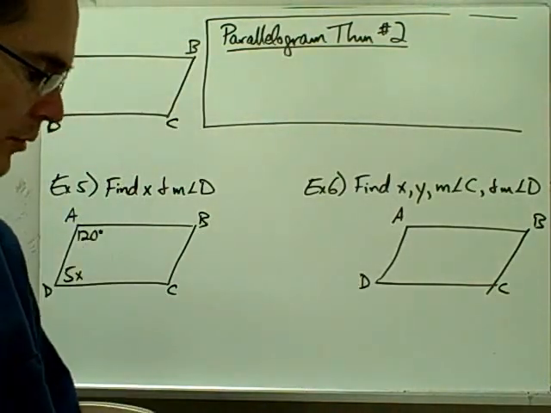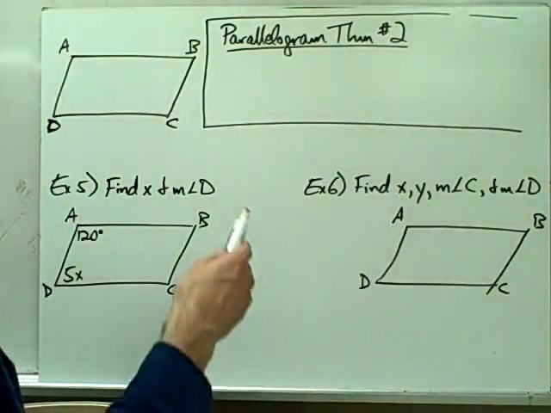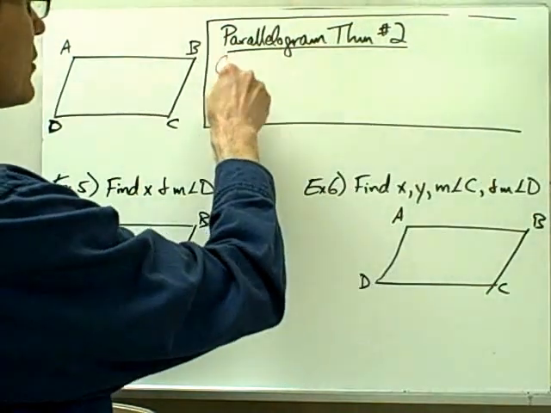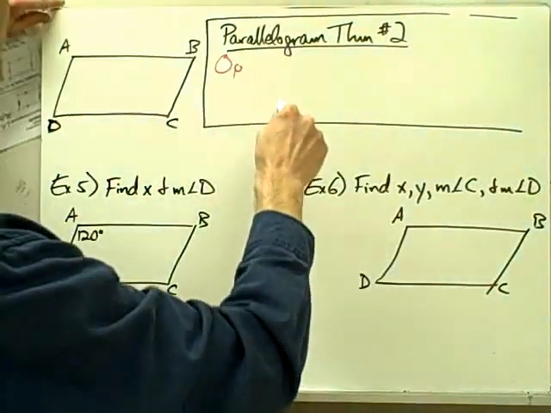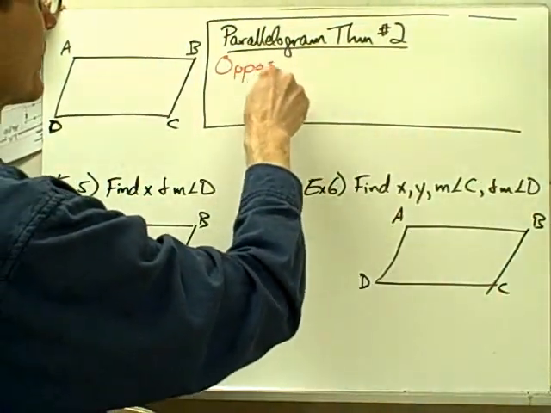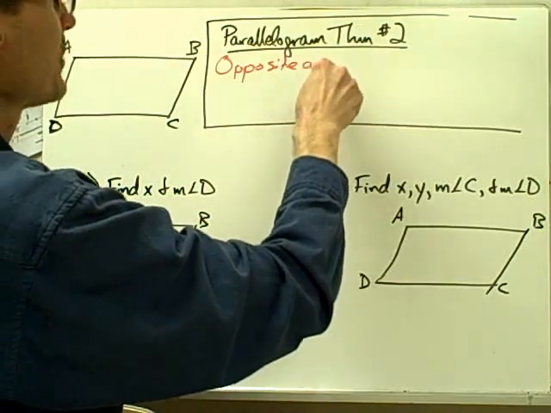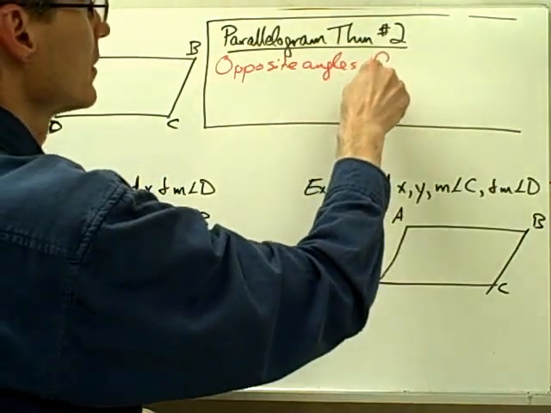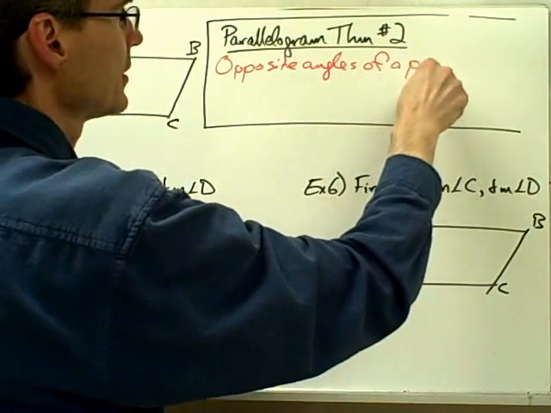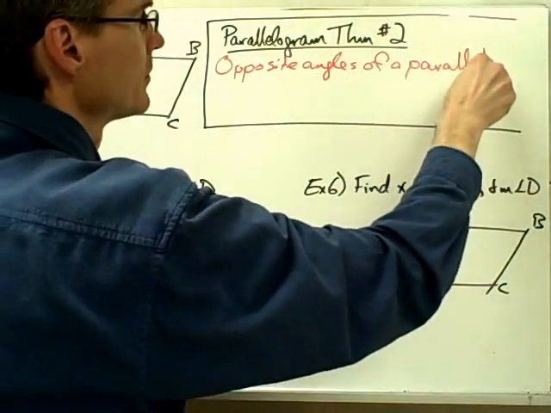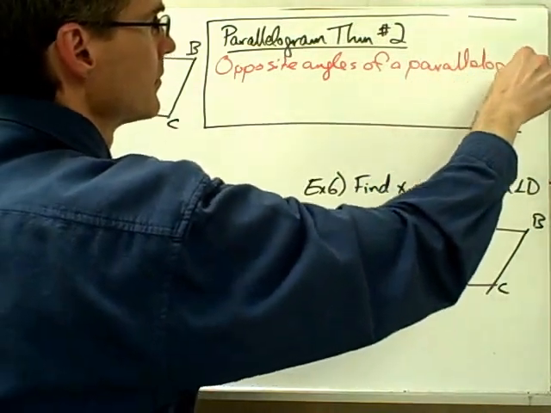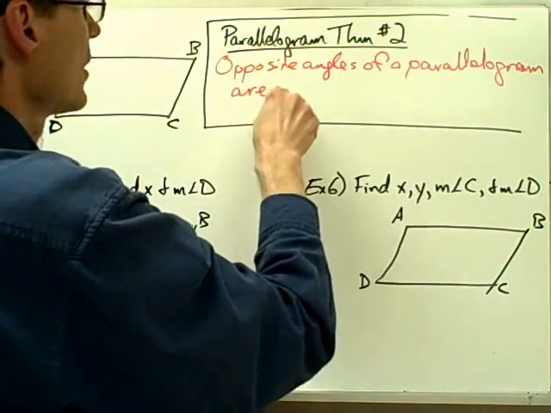Parallelogram theorem number 2 has to do with opposite angles of a parallelogram. The opposite angles of a parallelogram are also congruent.